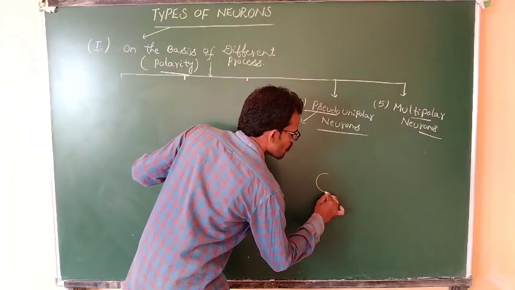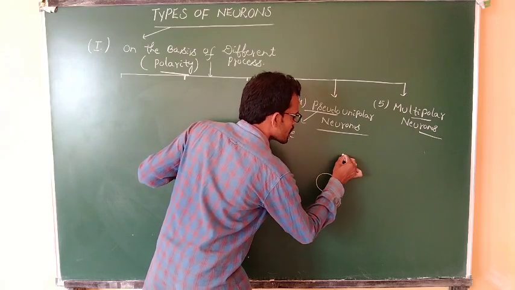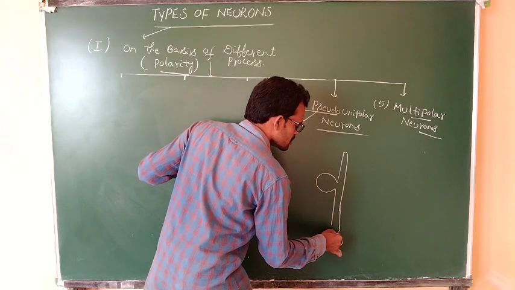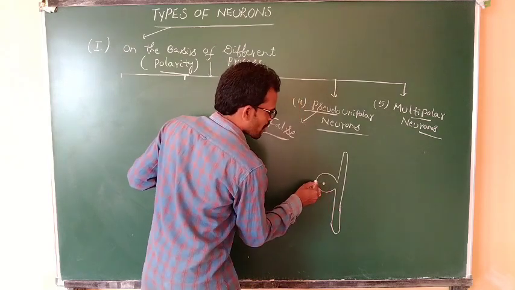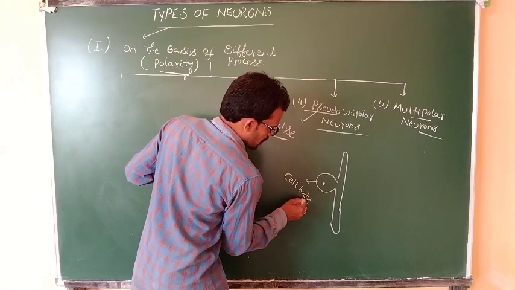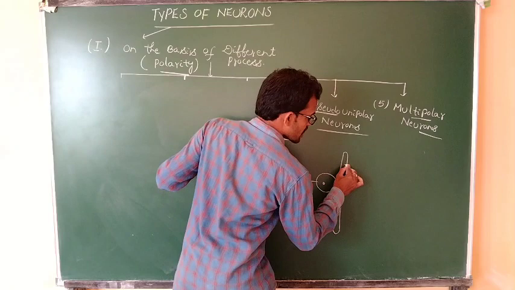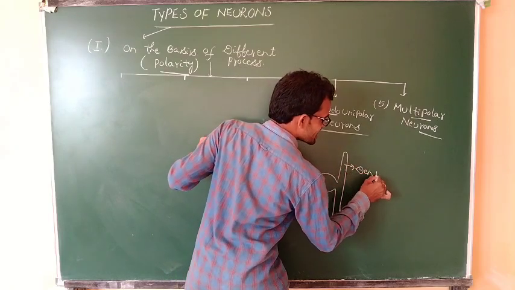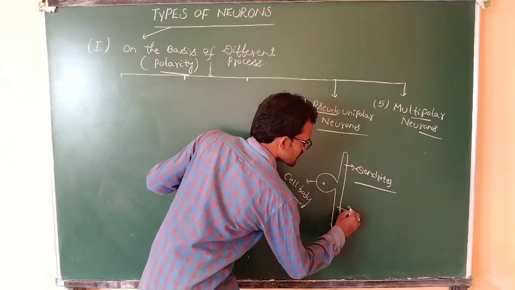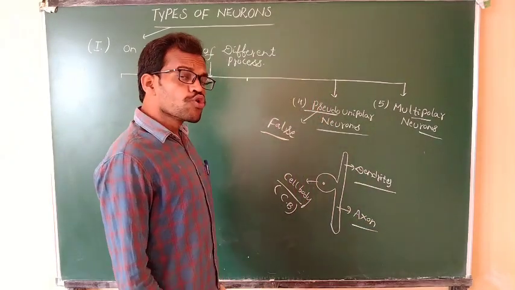Pseudo-unipolarity means, this is the cell body, this indicates dendrites, and this indicates axon.